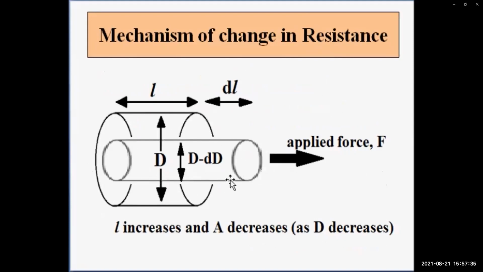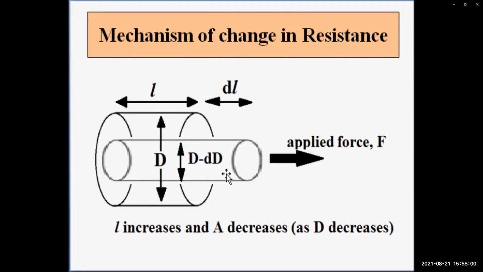Because of expansion, there is an increase in the length of the material, and the length increases by a factor del L. But because of expansion, the diameter of the cylinder decreases by a factor del D. As a result of that, the cross-sectional area also gets reduced.